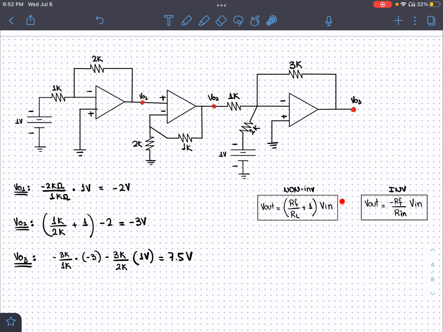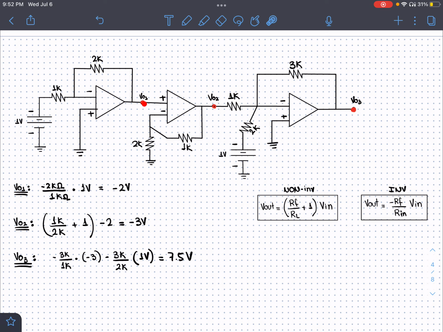Therefore, I'm going to use this formula, which is the feedback loop resistor, 1K, over the ground resistor on the loop, 2K, plus 1, times the input voltage.